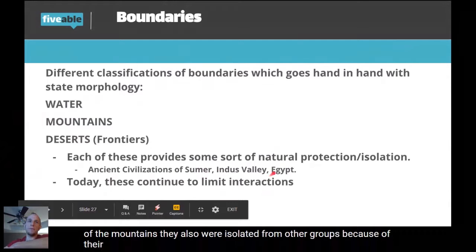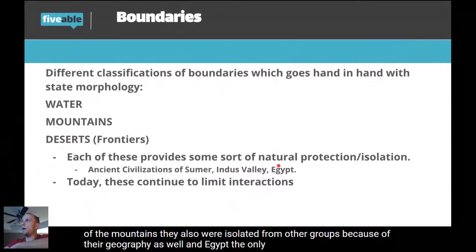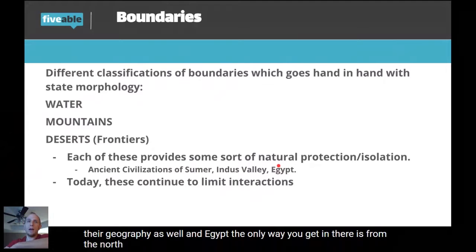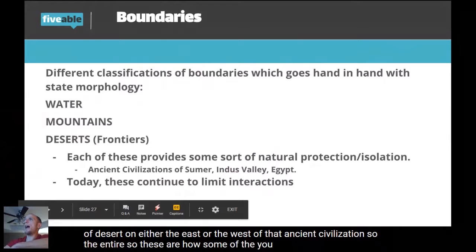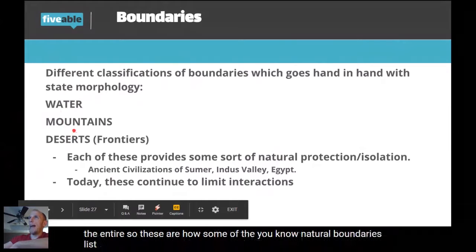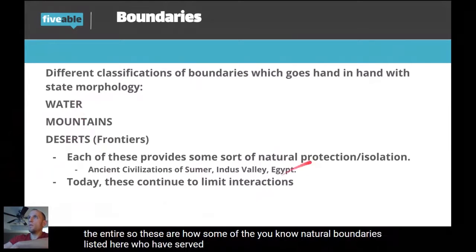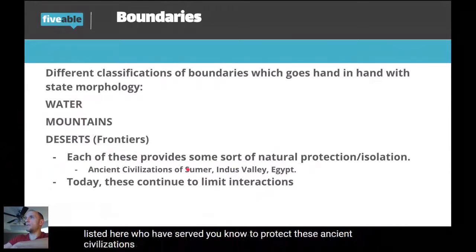They also were isolated from other groups because of their geography as well. And Egypt, the only way you could get in there is from the north because they had miles and miles and miles of desert on either the east or the west of that ancient civilization. So the entire civilization of Egypt was along the Nile River. So these are how some of the natural boundaries listed here would have served to protect these ancient civilizations.